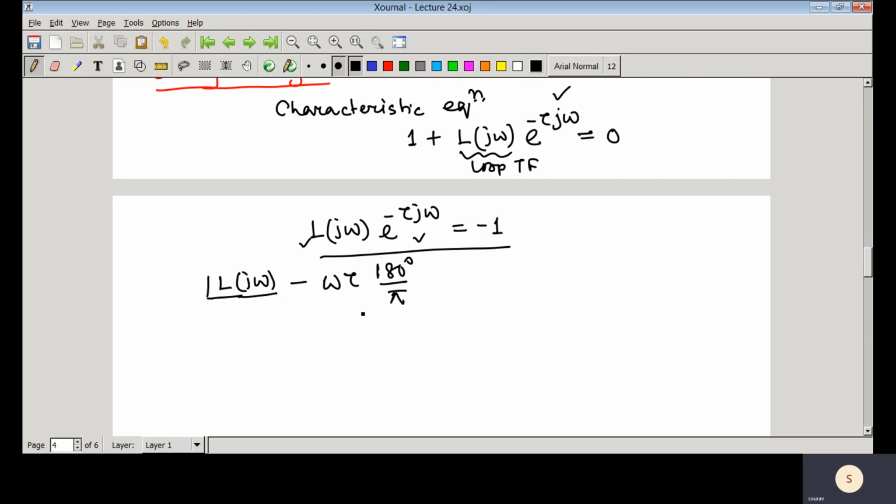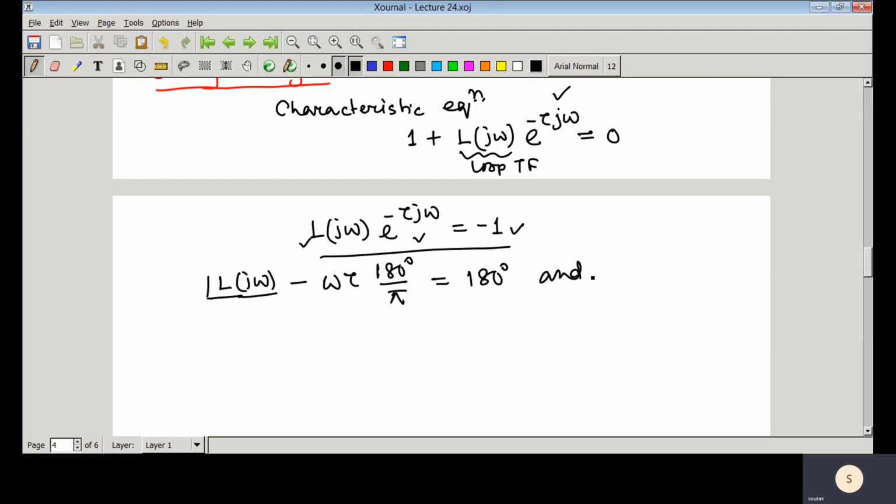We have already discussed it in the Bode plot lecture. That means if we take cos of omega tau minus j of sine omega tau, and take the tan inverse of that, it would be omega tau in radian, and here I have written in degree, so I have multiplied with 180 degree by pi, and as it is minus 1, so it is 180 degree. So this is that phase relation.